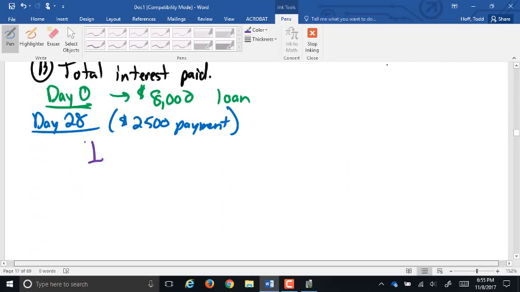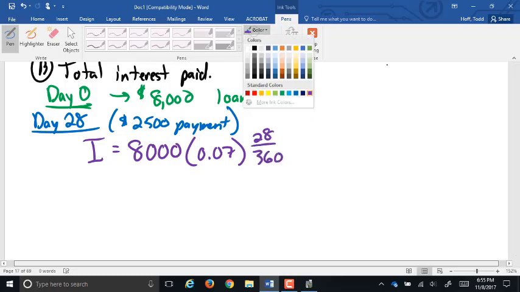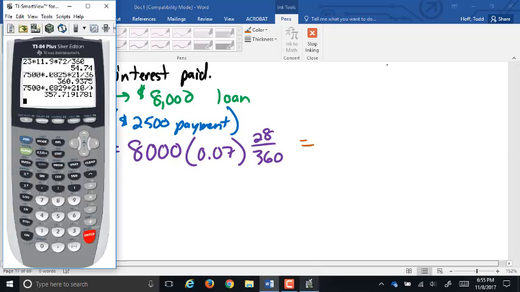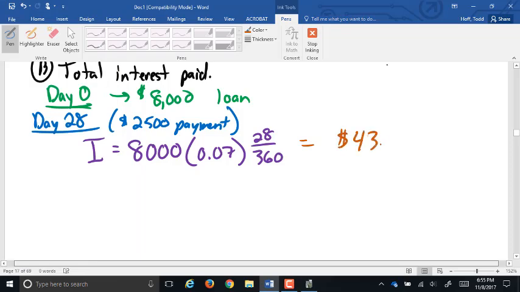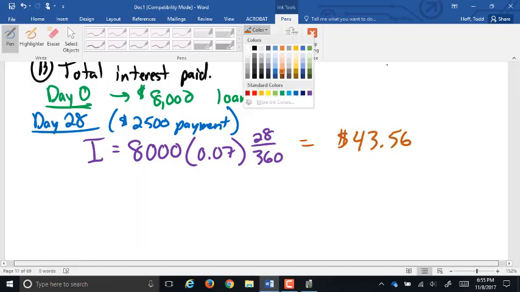So the interest is equal to, we had $8,000 loan times what's the rate? 7%, 0.07, times 28 over 360. Gives us, what, $43.56? I'll wait for you guys to confirm that.